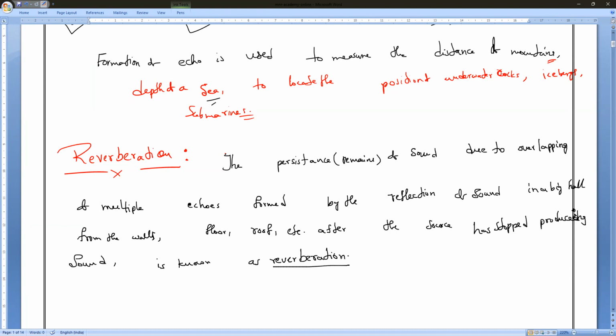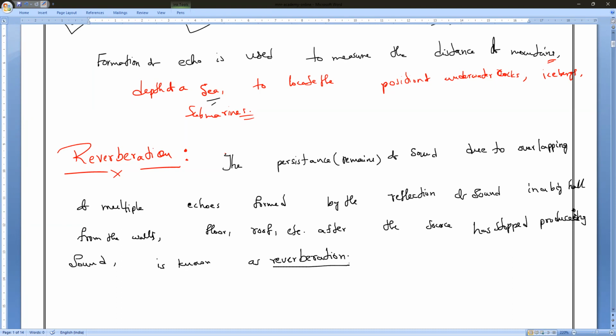So the reverberation in a big hall must be reduced, or should we leave it as it is? Anybody? Yes, please. It must be reduced. Minimum reverberation must be there in concert halls and all.